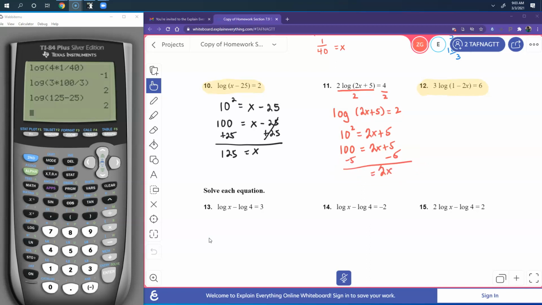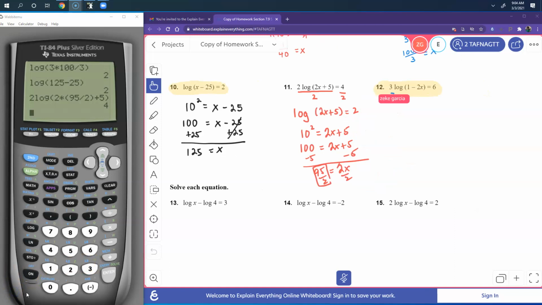So you have 2x equals 95, divided by 2. So your answer is 95 over 2. I'm going to leave it as 95 over 2, and I'm going to check it right here. So I have 2 times the log, and I have 2 times 95 over 2. And you notice the 2's cancel, and then the plus 5. And you get 4. That's correct.